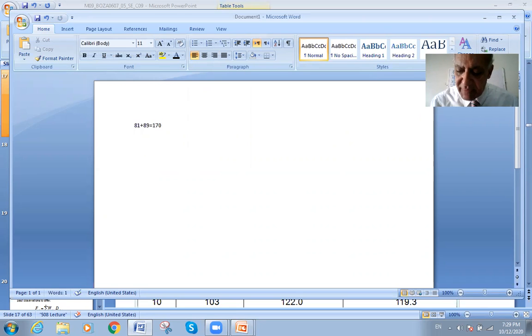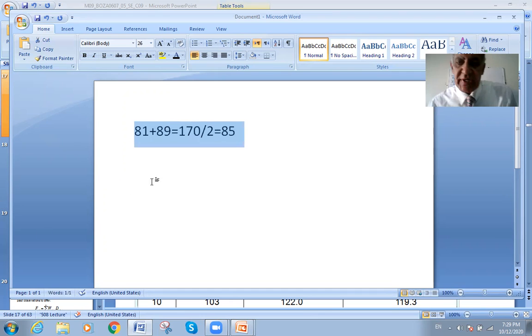Then I divide it by 2, because I'm using a two-period moving average. So it will give me 85. It was already 85.